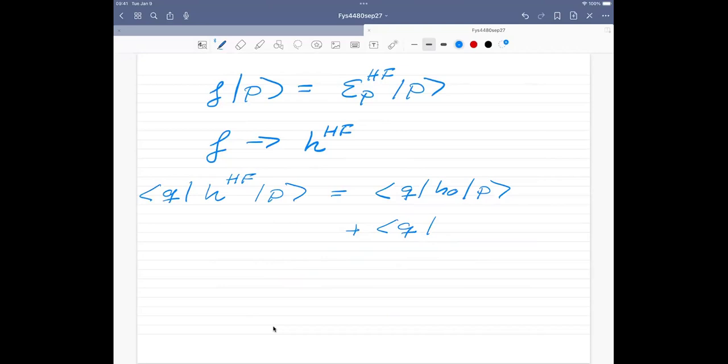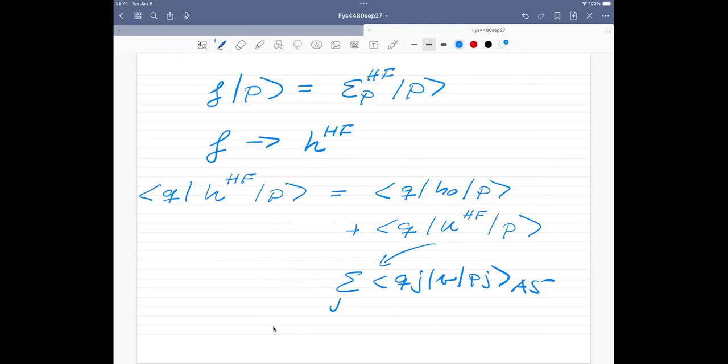But they are eigenstates of this new operator. And that means that I now have a U Hartree-Fock, which acts on the state P, and this U Hartree-Fock is nothing but the sum of all states below the Fermi level, Q of J of V of P of J anti-symmetrized.